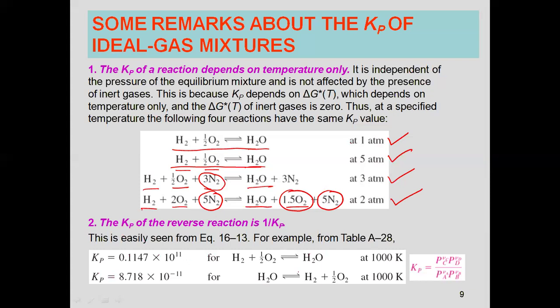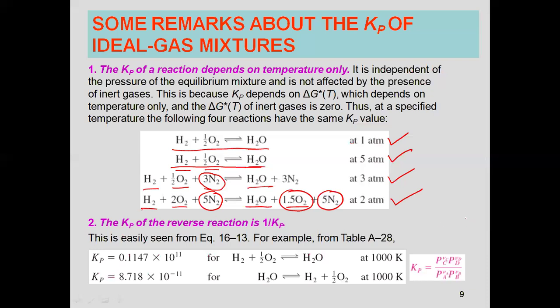Second observation. A question that may come in your exam is whether the Kp values are the same or different for all these cases. So you have to understand and then answer.